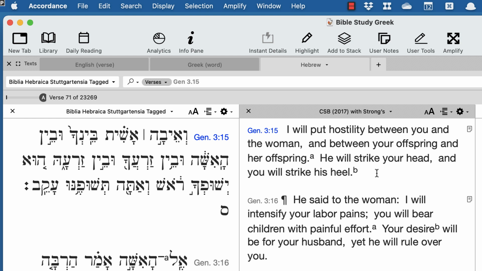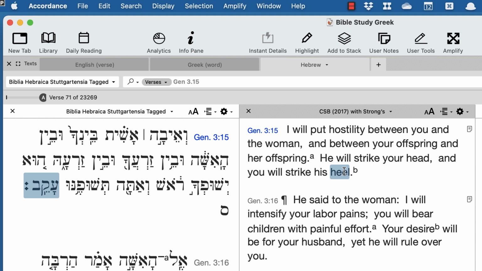Here's the issue. What is the difference? Does this mean that Jesus and Satan are just going to beat up each other and that's it? Well, if you look at it, you realize striking the head is one thing, striking the heel is something else.